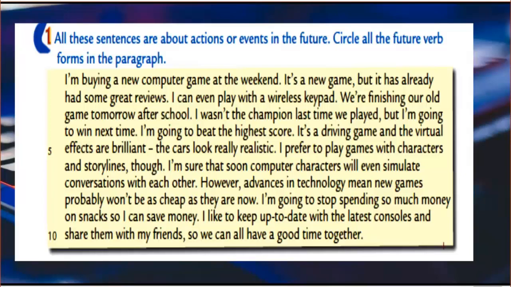You have to circle all the future verb forms in the paragraph. I am buying a new computer game at the weekend, and so on. Then I'll give you a chance to read it carefully and circle the future verb forms.